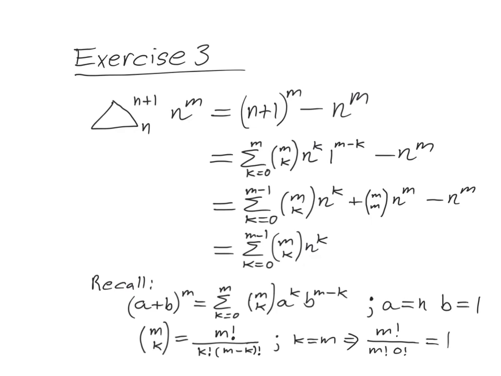We also write the last term of the series as m choose m times n to the m. We also subtract n to the m, and these two terms cancel, leaving us with the sum from k equals 0 to m minus 1 of m choose k times n to the k.